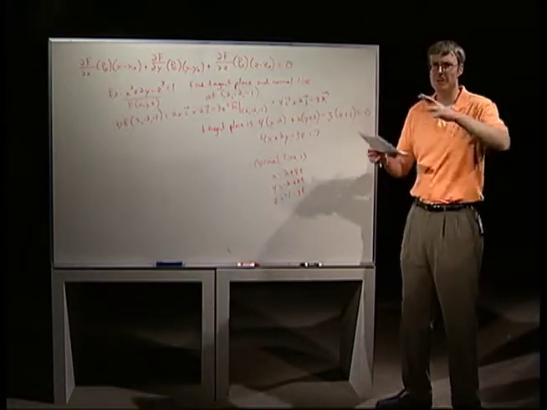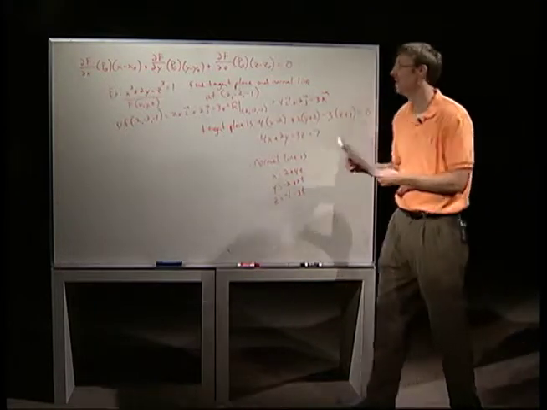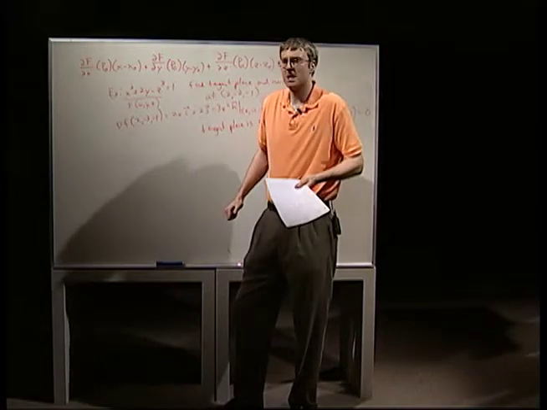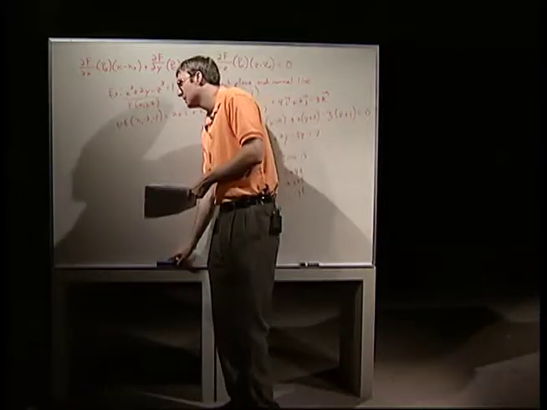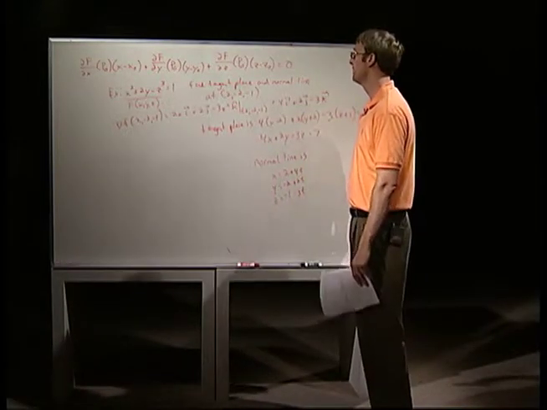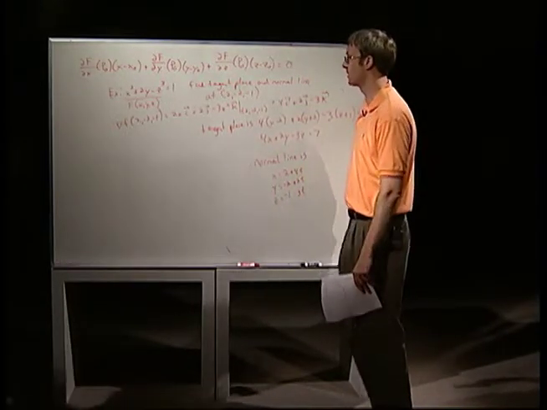Now, there's one little adjustment to make. Oftentimes we're given z equals a function of x and y, and we ask what's the tangent plane to that. Well, there's not a lot of difficulty in making the transference here.